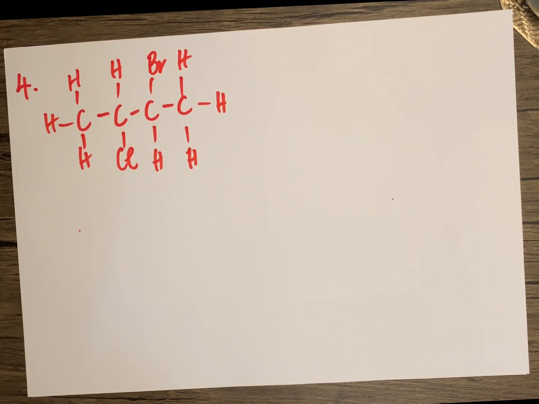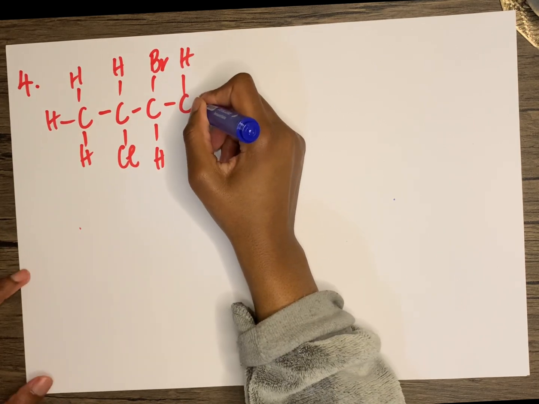So now this is the kind of question where I prioritize the alphabetical order. So I assign the lowest number to the substituent that starts with the letter of the alphabet that comes before the other substituent, right? So I have B coming before C, which means I'm going to give a lower position to the carbon that has the B, which is bromo, bonded to it. So it means I'm going to have to number from the right.